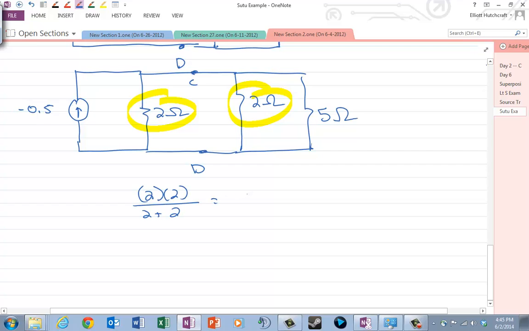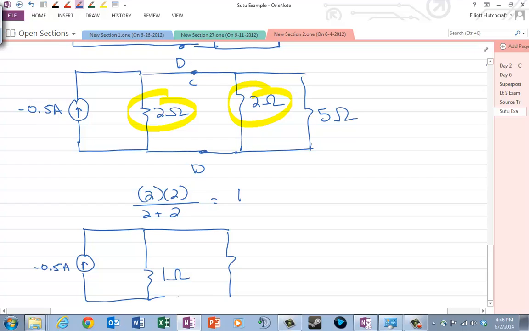So that's 2 over 4. Excuse me, 4 over 4, which is 1. So I'll have minus half an amp, one ohm, and then 5 ohm. Okay.